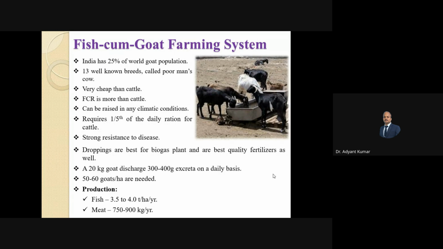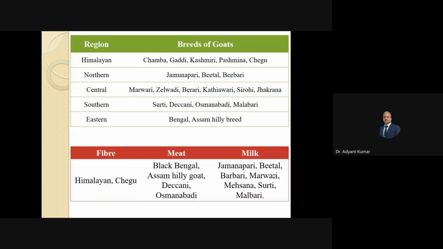There are various breeds in this. One breed, Black Bengal, is very famous in the eastern part of India, which can give 3 to 4 kids per litter, as well as provide 750 to 900 kg of meat per year, in addition to 3.5 to 4 ton of fish per hectare per year.